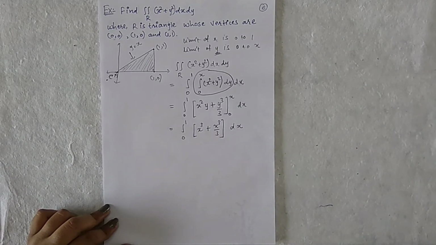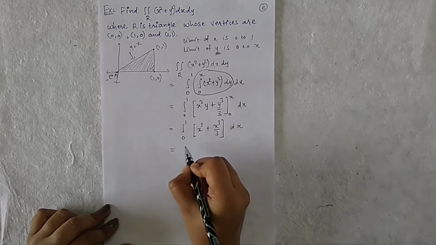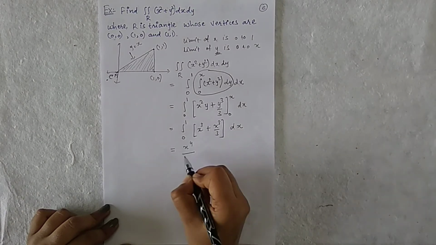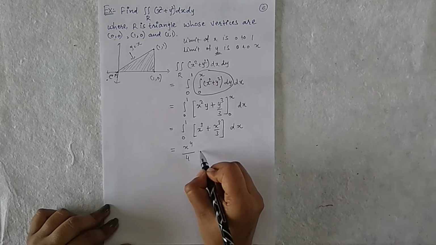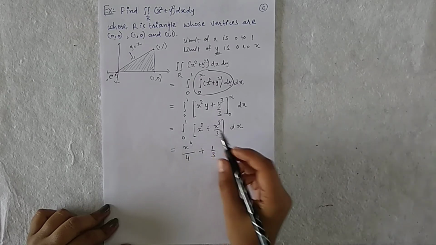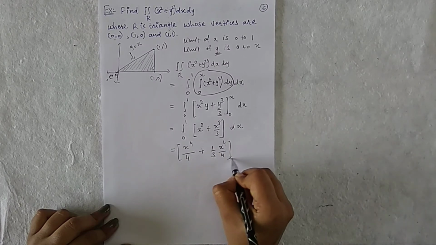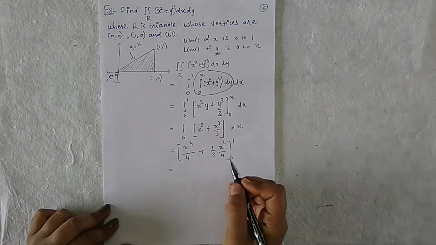Okay, next we are integrating with respect to x. So for that, the integration of x cube is x raised to 4 by 4, plus 1 by 3 constant, x cube; the integration of x cube is x raised to 4 by 4. The limit is 0 to 1.